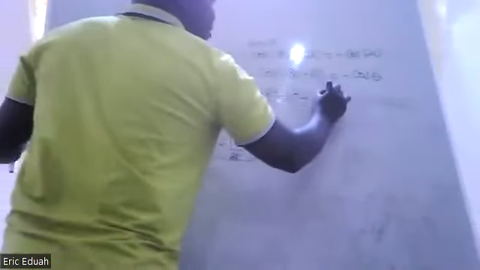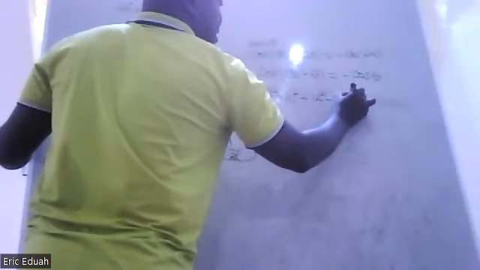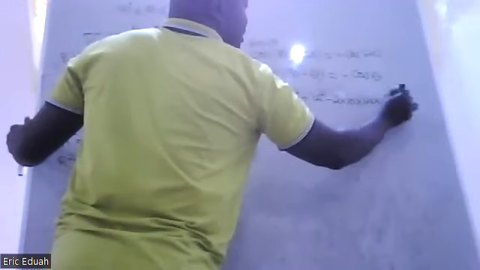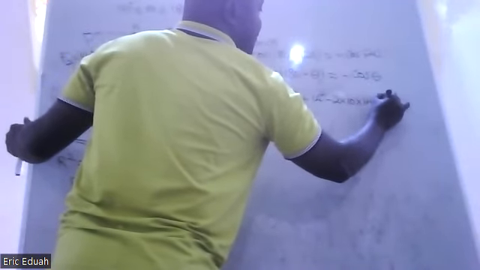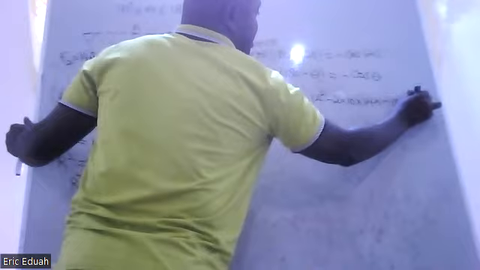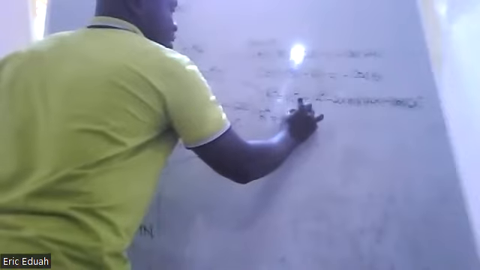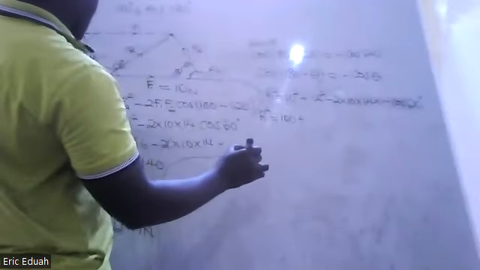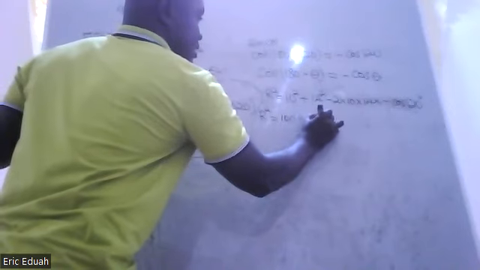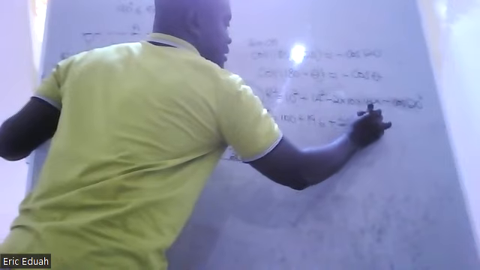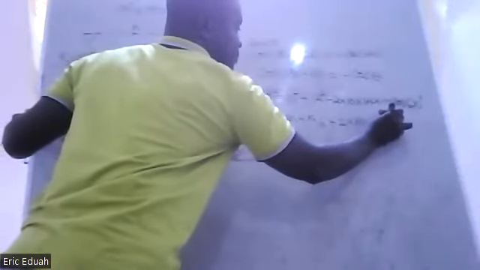When you substitute, you have minus 2 times 10 times 14 times negative times negative cos of 120. Please, I hope you're okay. 100 plus 196 plus 2 times 10 times 14.